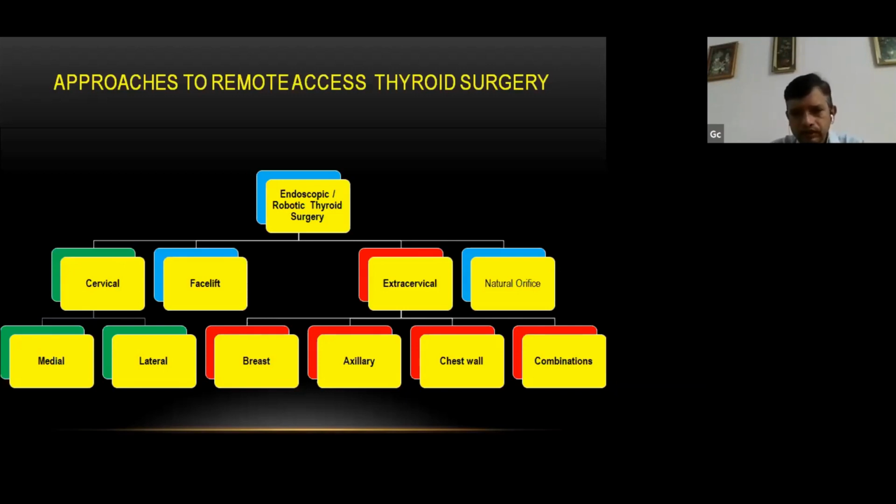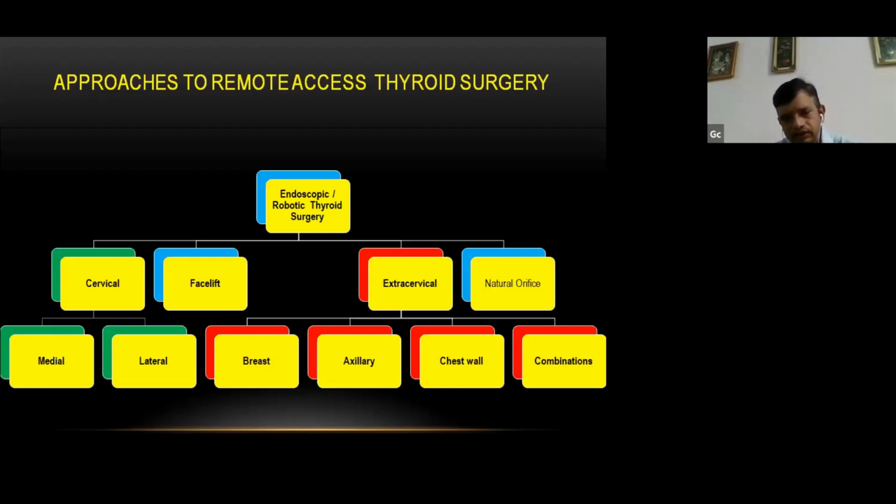Then a few head and neck surgeons, thyroid surgeons or ENT surgeons, faced difficulty reaching from the axilla. Then they developed this facelift approach. They make the incision in the backside of the ear, which we will discuss in detail in the subsequent slides.